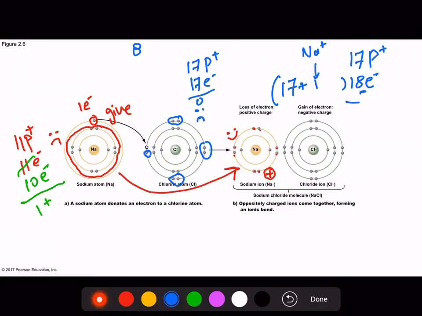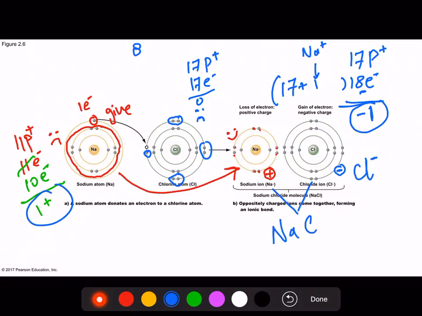So here we have a net charge of -1. So here -1, here +1. And we ended up with the chloride displaying a negative charge. So a positive atom and a negative atom sitting beside each other will get attracted to each other and form NaCl, the table salt. And that is the ionic bond.